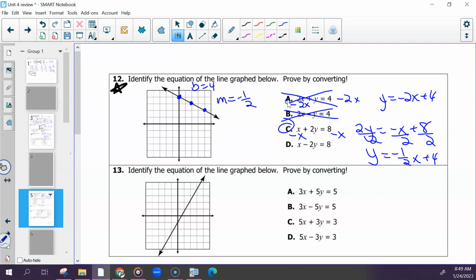We're going to skip over 14 and 15 because those are dealing with x and y intercepts, and we already did that. Questions on 16 or 17? Regina.